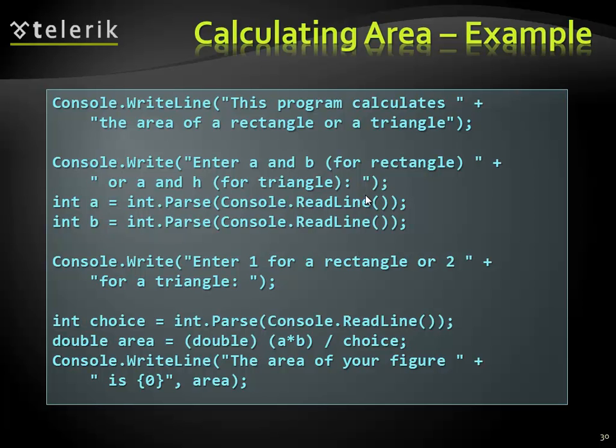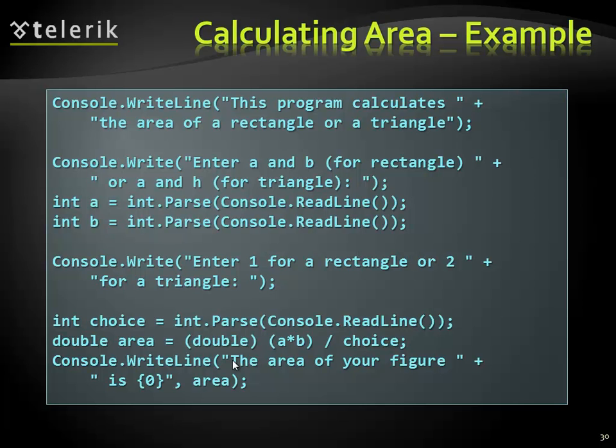All right, this example is again trivial, repeating what we know: reading two integers from the console, parsing them, and putting the expressions on the right lines.